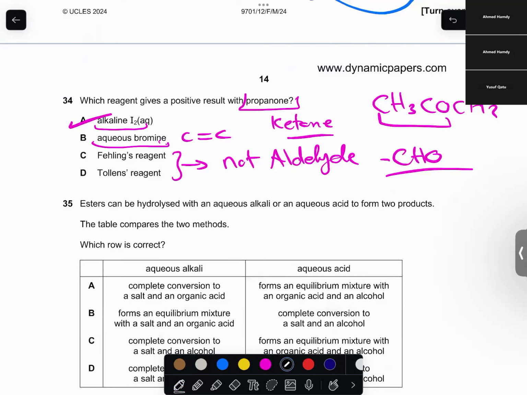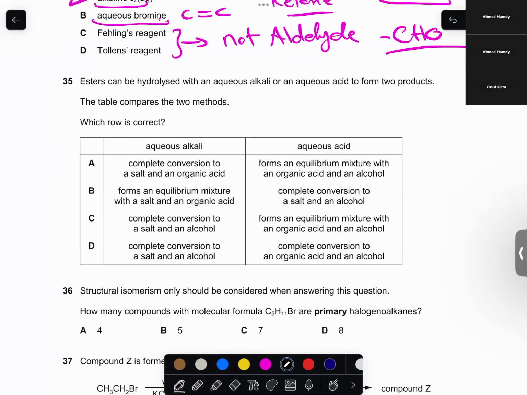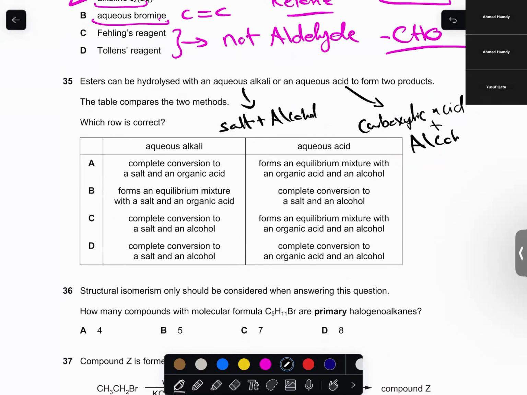Esters can be hydrolyzed with an aqueous alkali or an aqueous acid to form products. With aqueous alkali, an ester gives a salt plus alcohol. With acid, it gives a carboxylic acid plus alcohol.